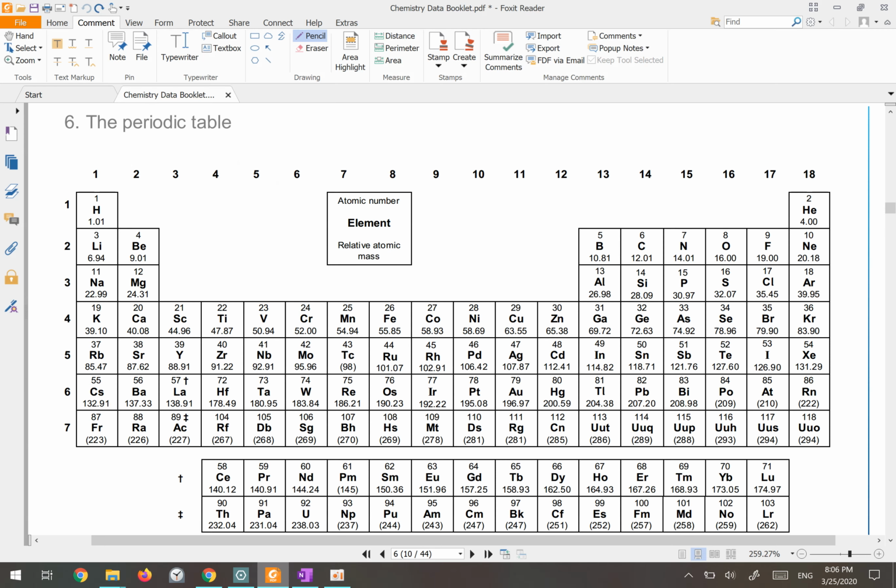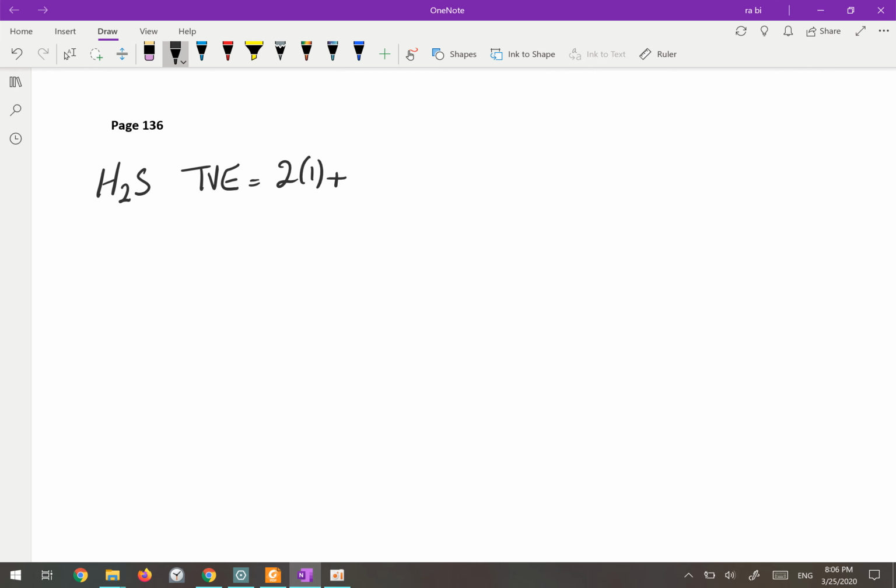In the periodic table you can see that sulfur is in group 16, so it has 6 valence electrons, plus 2, it becomes 8. Sulfur comes to the center, single bond with hydrogen, single bond with hydrogen. You have to make it octet. This becomes octet, so this is the correct Lewis structure for that.